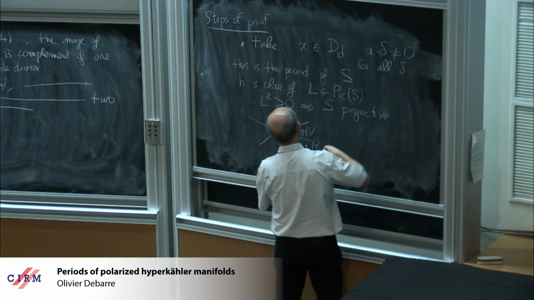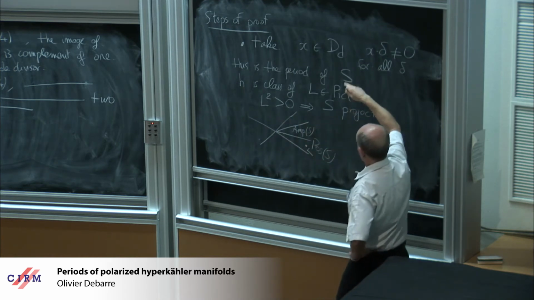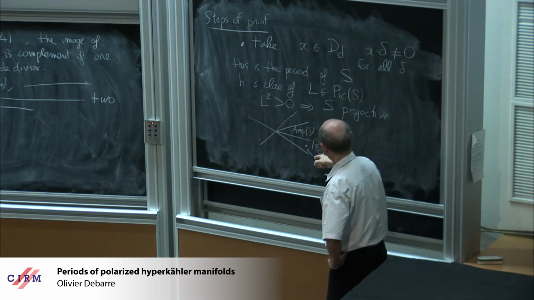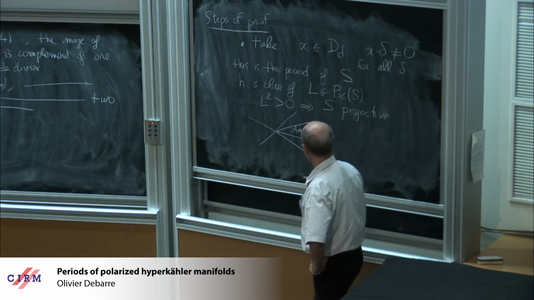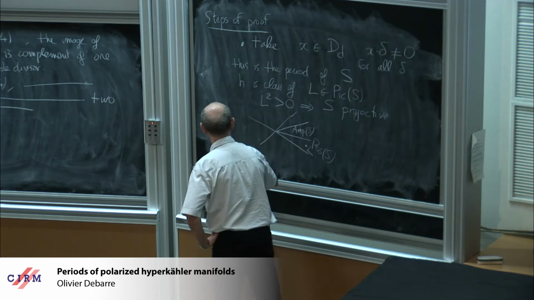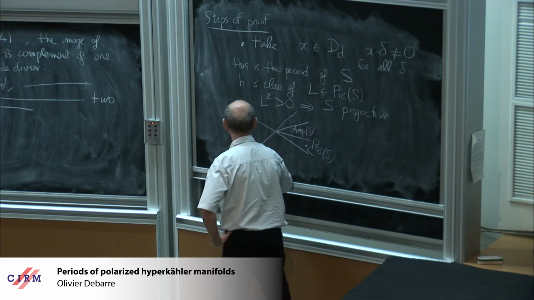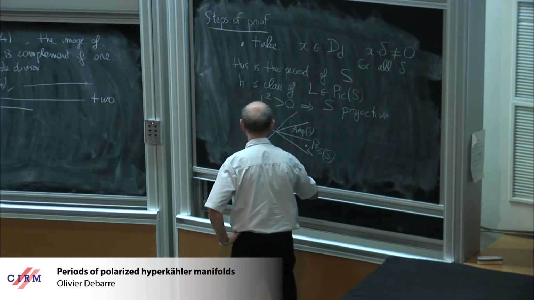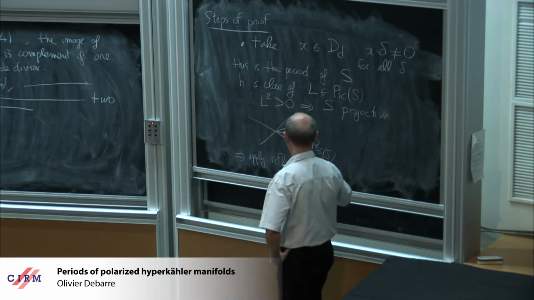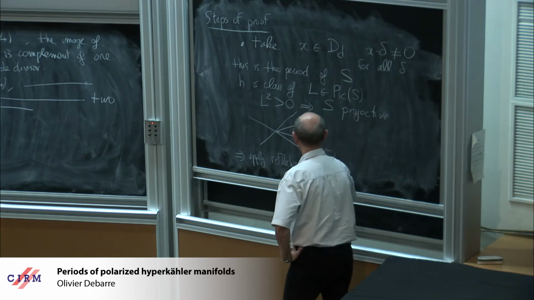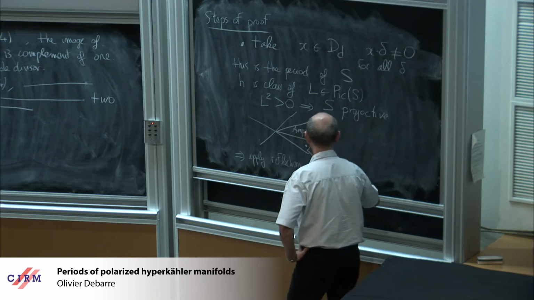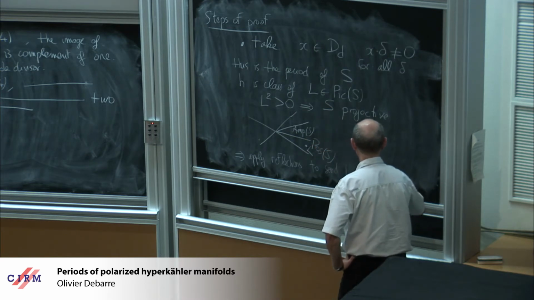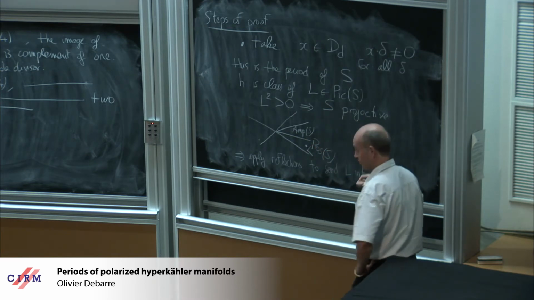So by changing the marking, you can apply a series of reflections to L to send L into, actually not the ample cone, but the closure of the ample cone, which is the nef cone.